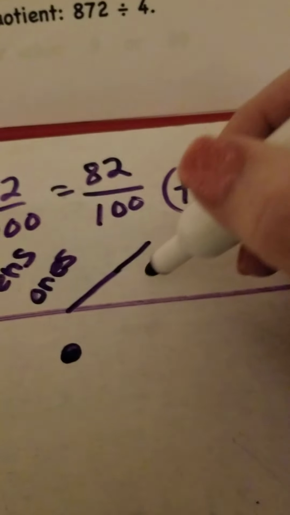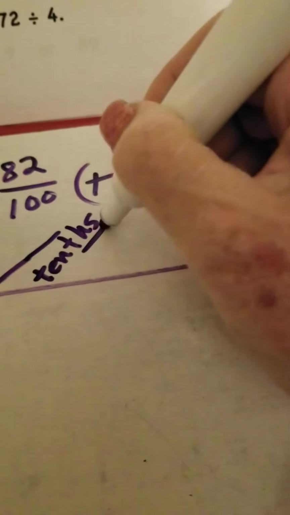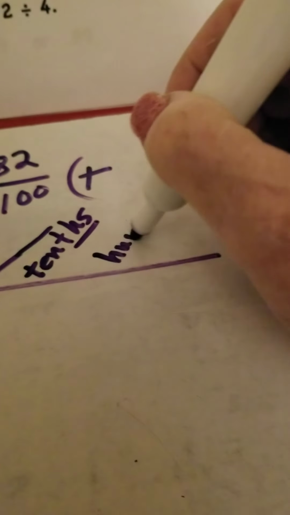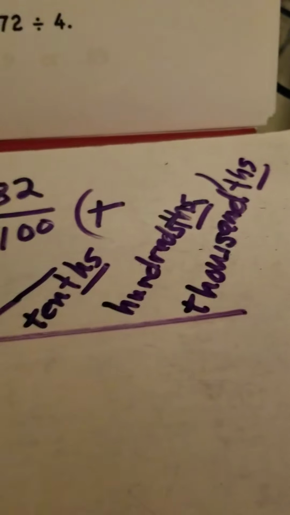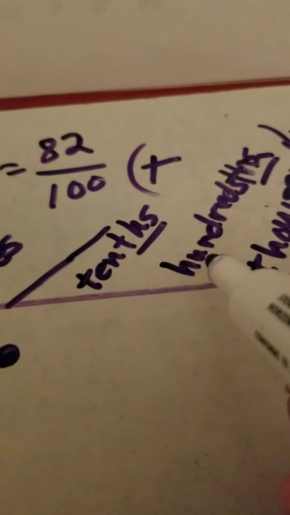They are partial. So to the right of the decimal, you have tenths, hundredths, and thousandths, and so forth. But we won't continue past thousandths right now. So when you have a fraction like this, 87 hundredths, you're going to place the 7 in the hundredths place value.